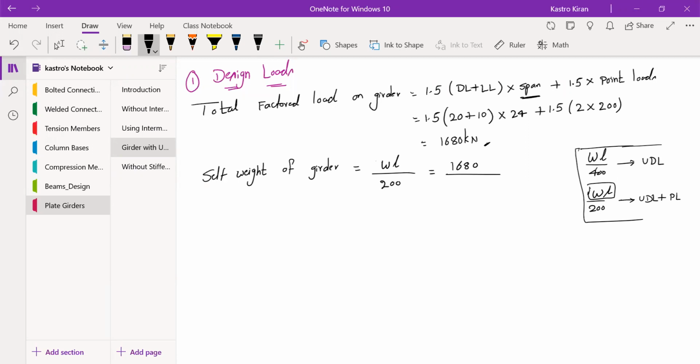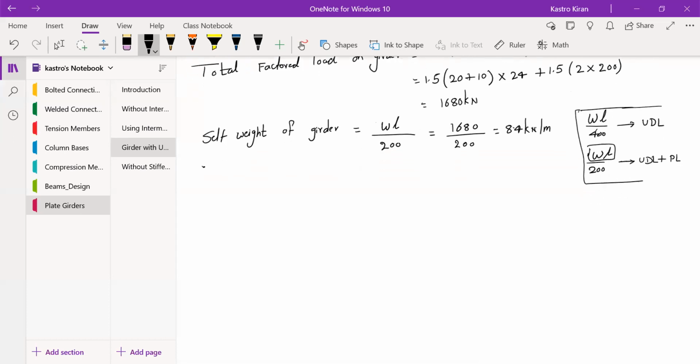So you don't need to multiply 1680 into 24. Anyways, 1680 upon 200 gives you 8.4 kilonewtons per meter. This is the self weight of girder.